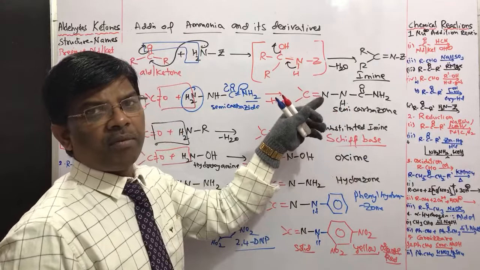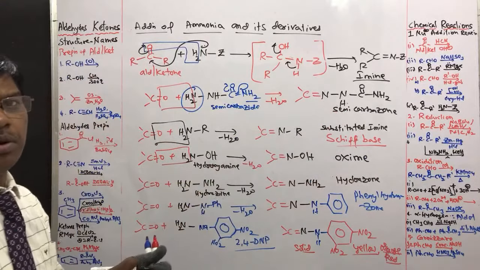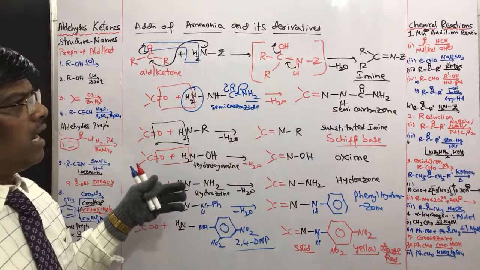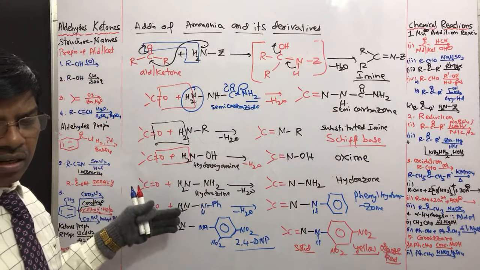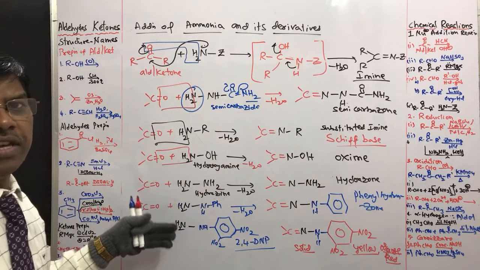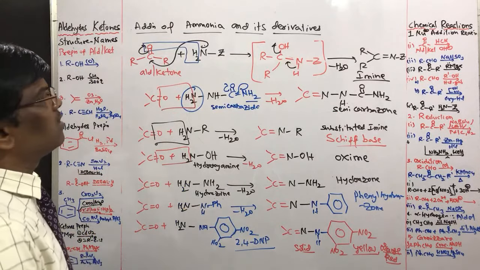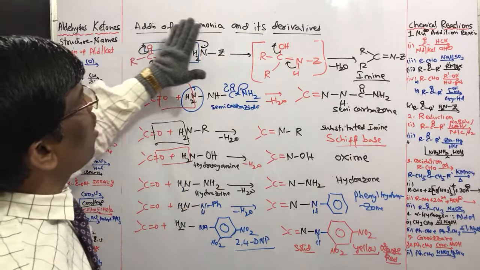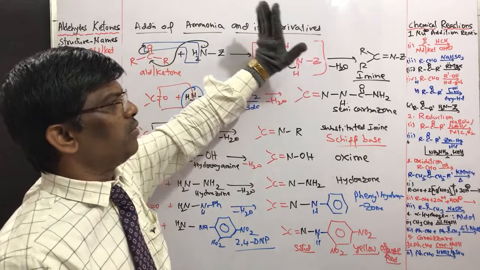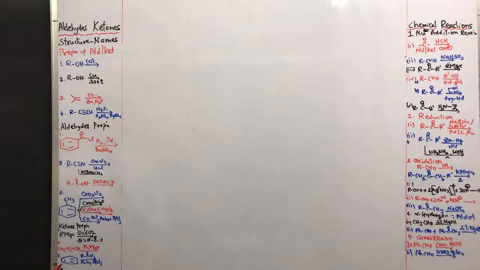These are all very very important compound names. So if you want, you can write down and remember this nomenclature or terminology, which is very very important in your future classes also. Yes, students. So this is how it is going to add to ammonia and its derivatives. Next.